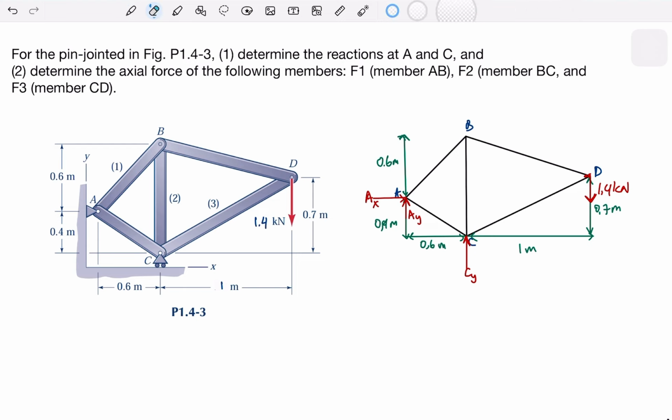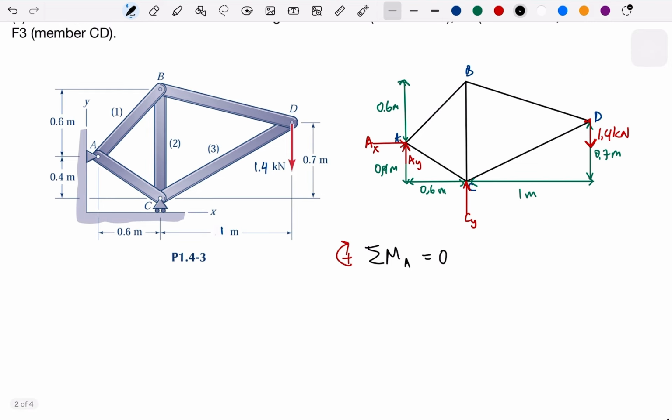And it's already provided all the distances, so we can write the sigma moment with reference A, and this will be positive if you rotate that way. This is equal to 0. So we are going to have the 1.4 multiplied with 1 plus 0.6, right?